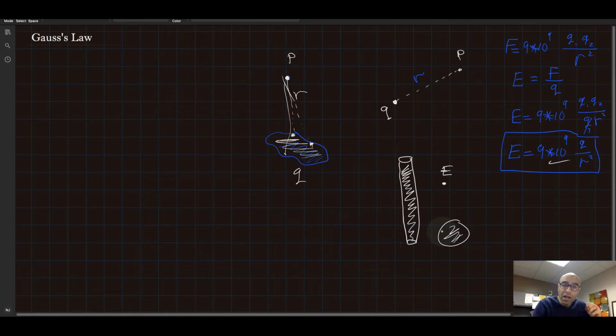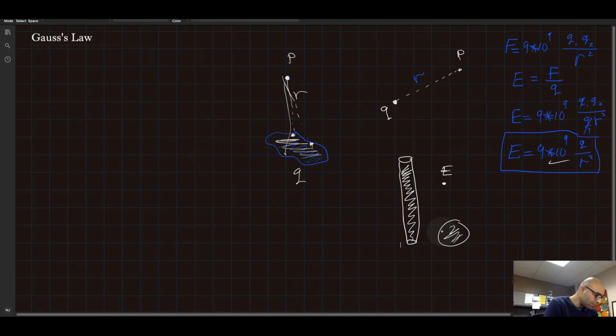But lucky for us, Gauss was able to help us find these electric fields for these charge distributions. For this algebra-based physics section, we are going to focus on one charge distribution, which is a sphere, and another example for a parallel plate capacitor. So we don't have to worry about too many charge distributions, just a couple of examples, and we will cover that here.